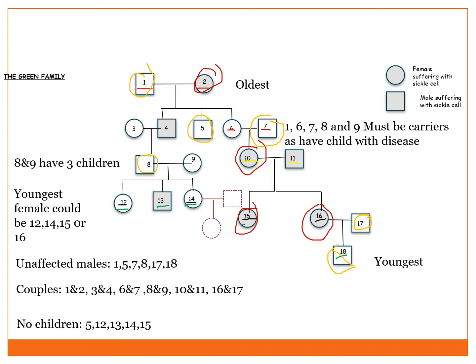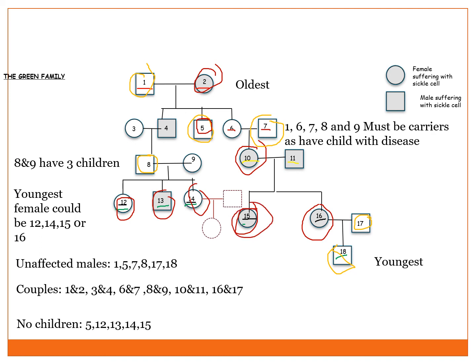The people that don't have children are 5, 12, 13, 14 and 15.